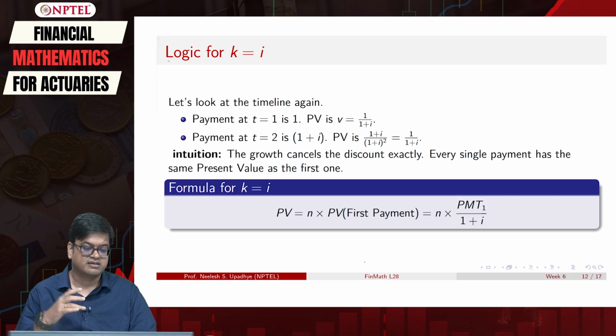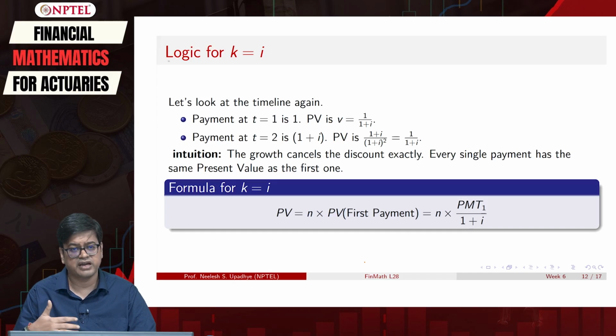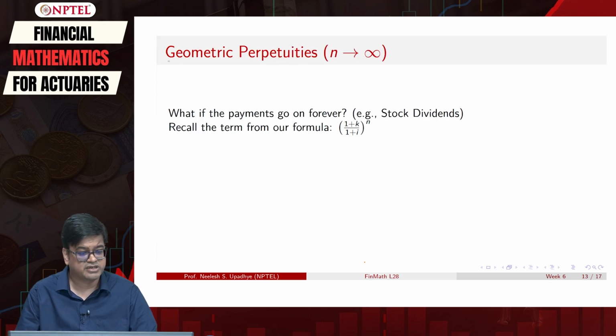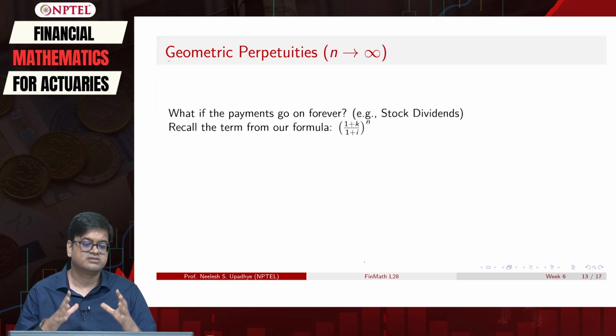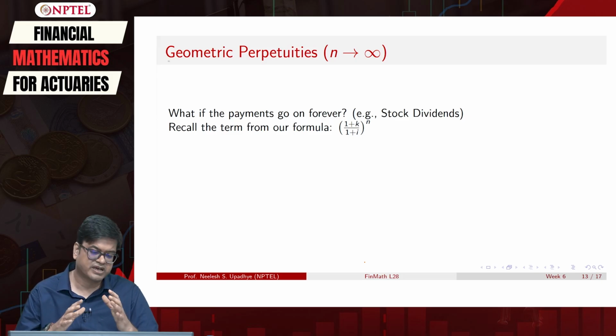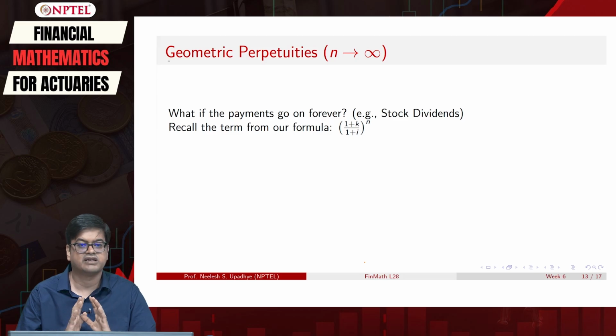So we handled the cases where k is equal to i and k is not equal to i. What if the payments don't end, and they continue forever? That is where we deal with perpetuities, called geometric perpetuities. An example use case is stock dividends. What we need to worry about is the factor (1 plus k) upon (1 plus i) raised to n. If this factor is less than 1, I am okay, the tail tends to 0 and I get a finite series.